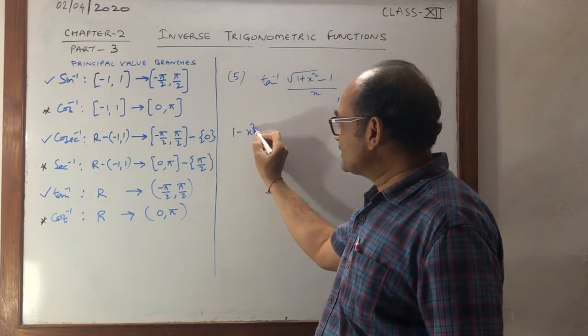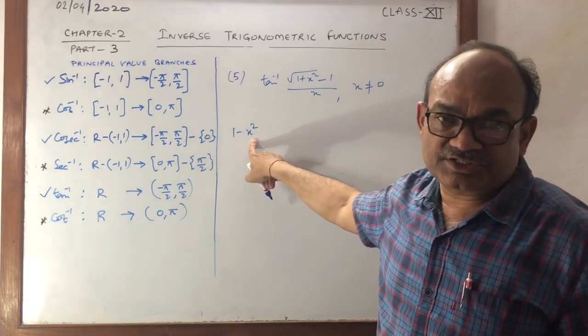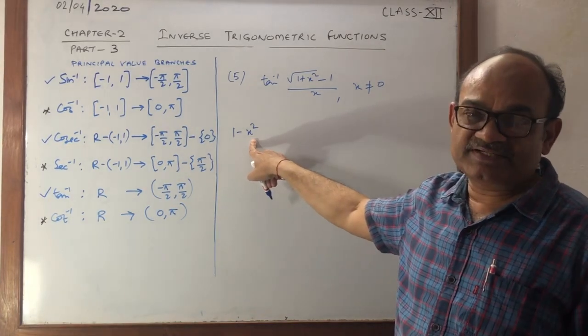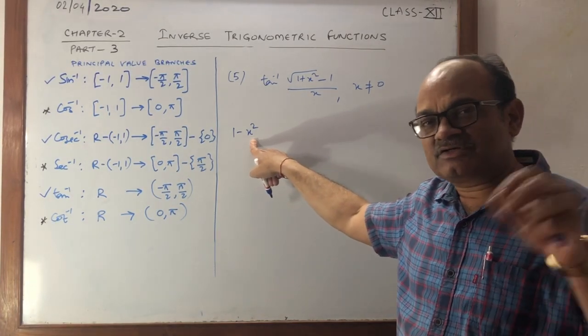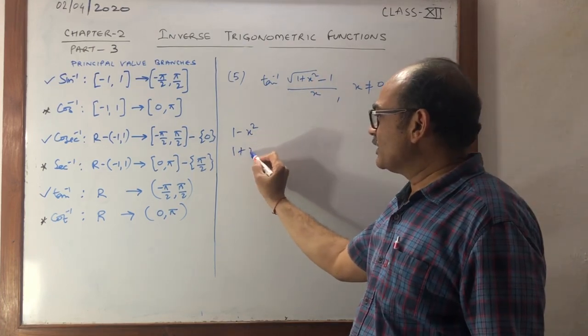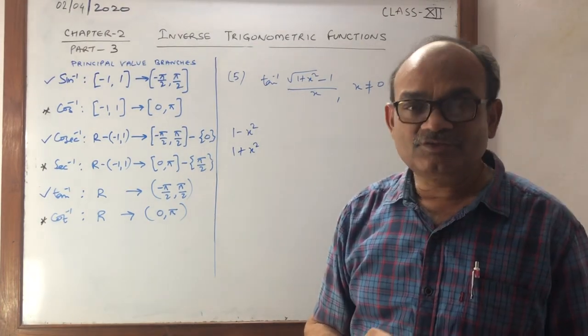Whenever it is 1 minus x square, you have to put sin theta or cos theta, because 1 minus sin square theta and 1 minus cos square theta are identities. You can apply either one. Whenever it is 1 plus x square, you put x equals tan theta or cot theta.